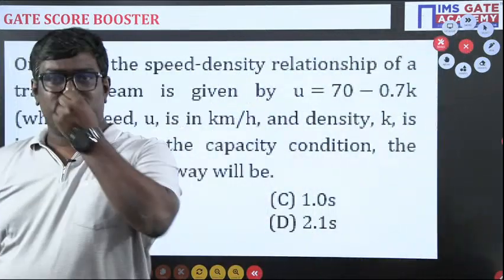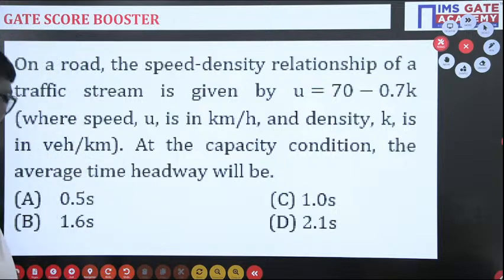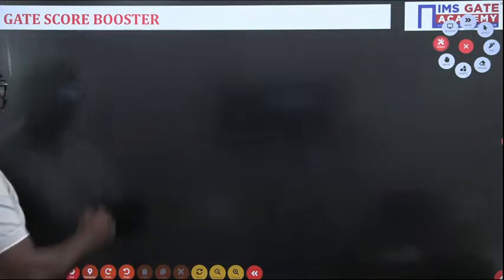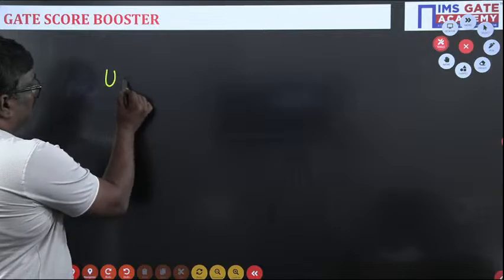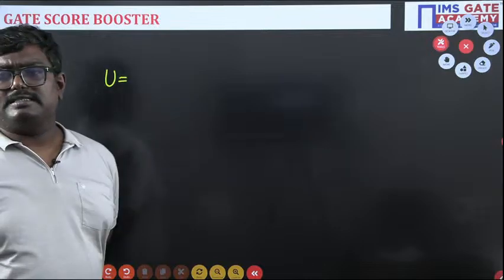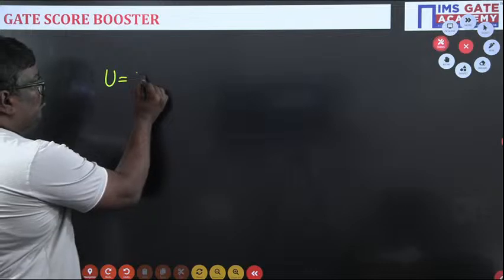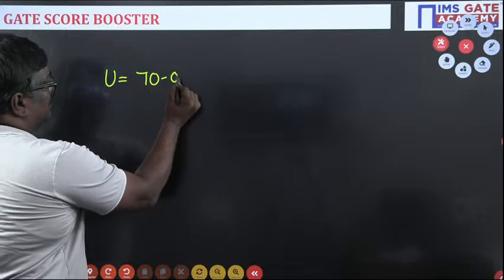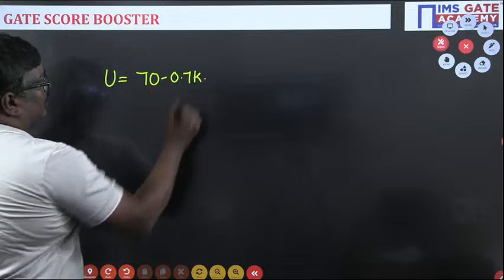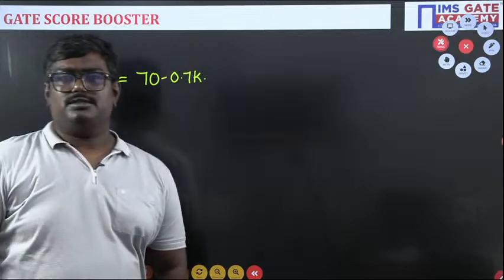Now see students, let me tell you what the average headway is. First of all, what is the value of U given in the problem? It is given as U is equal to 70 minus 0.7k, where U indicates the velocity, students.